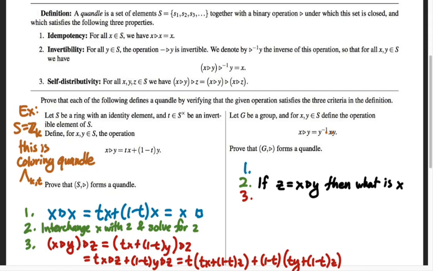So that's really kind of what we're asking here. So z equals x triangle y, but that's y inverse xy. And now I'll interchange x with z and then solve for z.